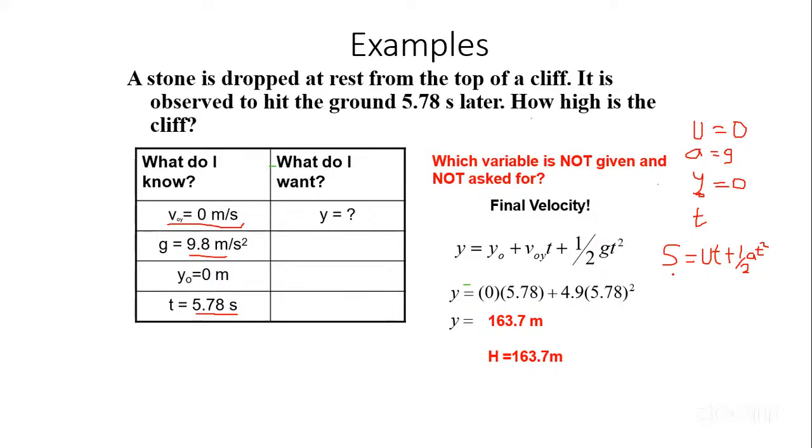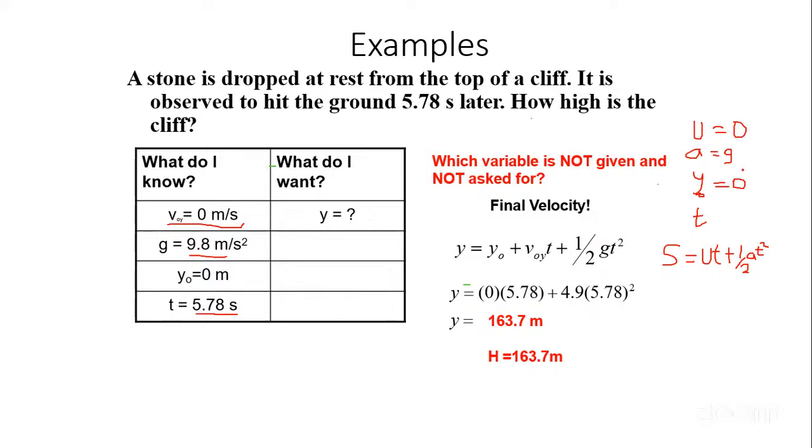Now, remember that this is a general equation that can be applied to both horizontal and vertical motion to solve problems of horizontal and vertical motion. So now we want to solve a vertical motion.